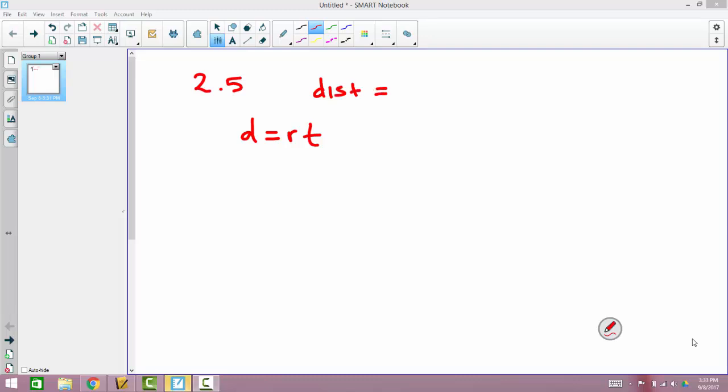You'll use this quite a bit in science also. So you can actually solve this for any letter.